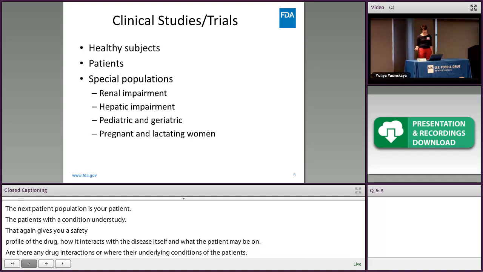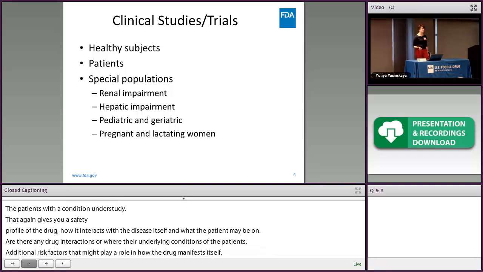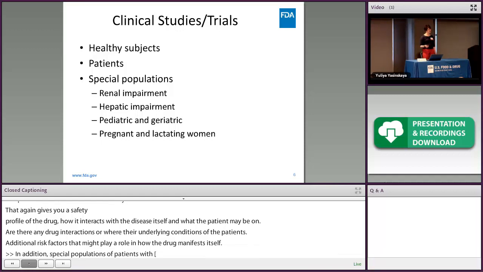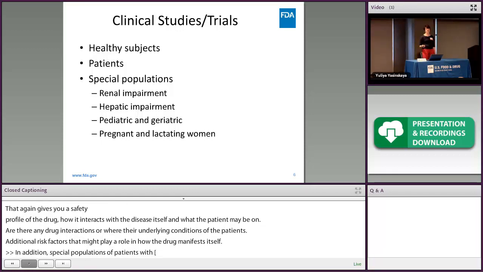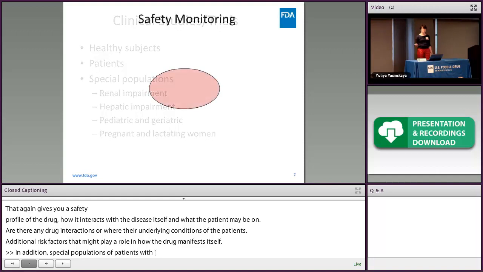In addition, special populations of patients with renal and hepatic impairment, extremes of age, and pregnant and lactating women might represent a very different patient population, and the drug safety profile might be very different from a general patient population. So what do we do in terms of safety monitoring?